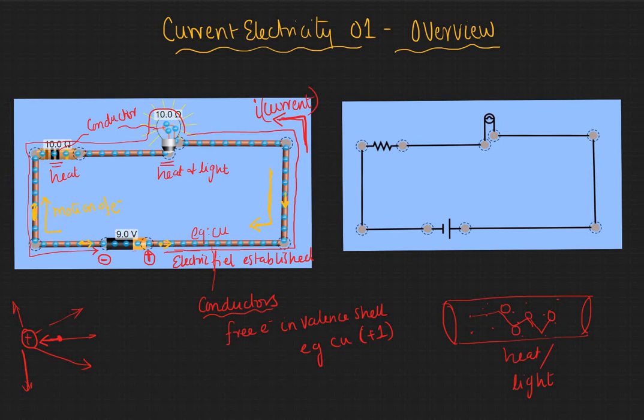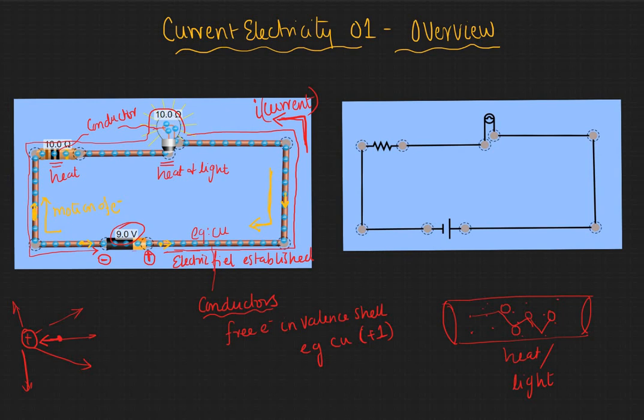Now what happens inside a battery is that every charge that comes out of the battery has a certain energy level, and this energy level is represented by this 9 volts. One coulomb of charge, that is a unit of charge, has 9 joules of energy.